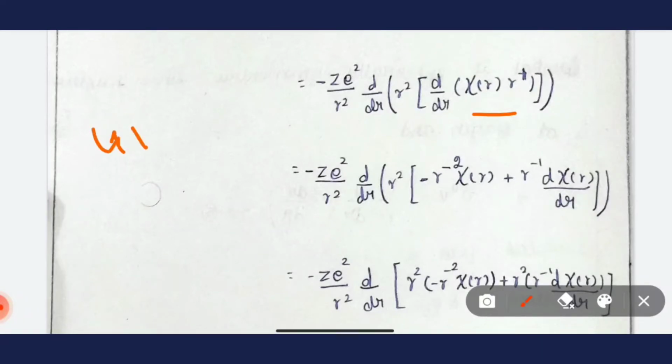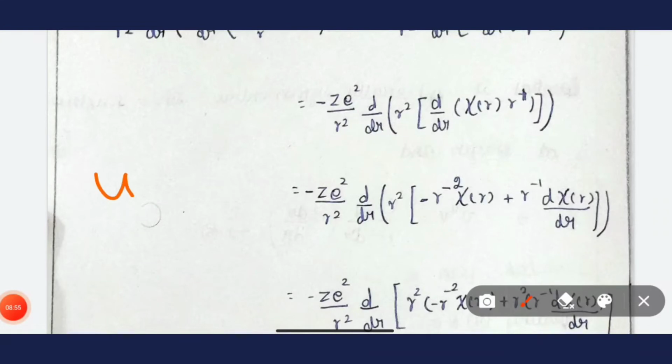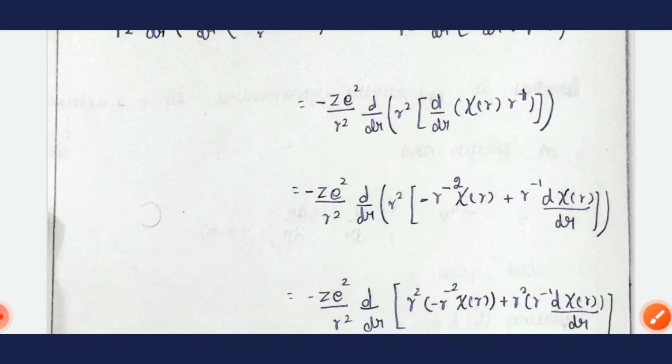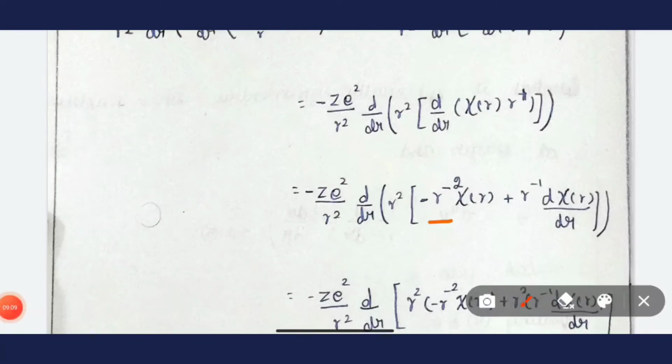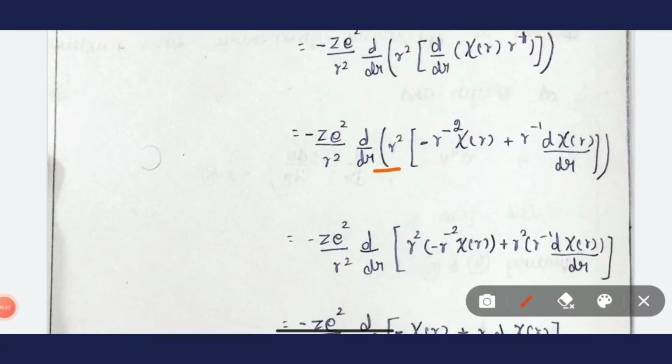We know that differentiating uv we will do in the form u v dash plus v into u dash. So first I'm going to differentiate the r inverse term. On differentiating the r inverse term, we get minus r power minus 2 into chi of r, plus r inverse, keeping r inverse as a constant, on differentiating chi of r, we get r inverse into d chi of r divided by dr. Here I have r square outside the bracket.